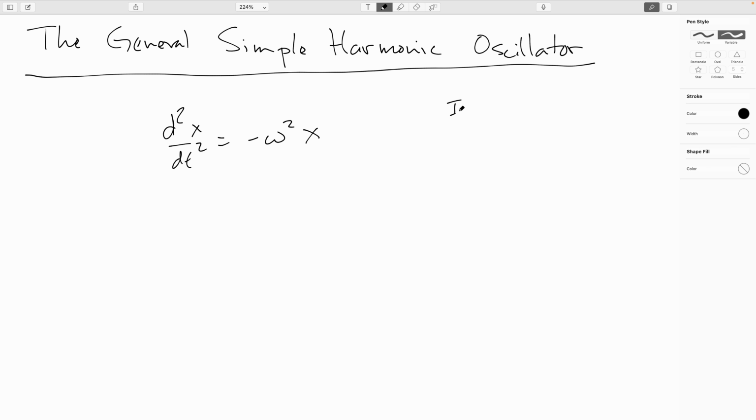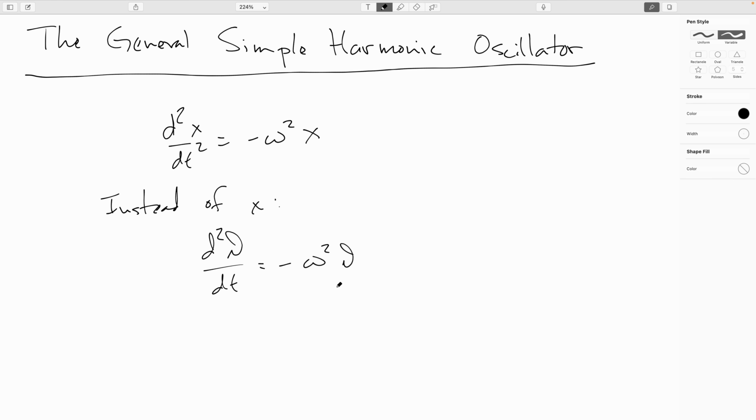Instead of x, actually let me just put it over here. So for instance, instead of x, we could have theta. So we could have an angular variable, for instance.